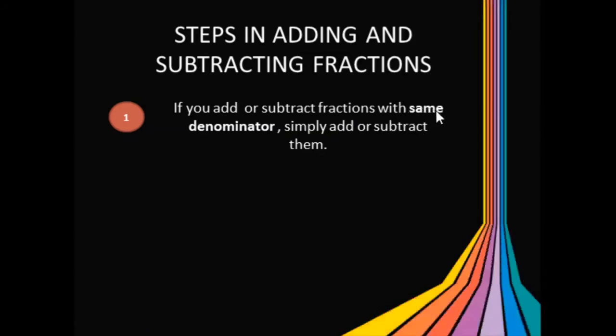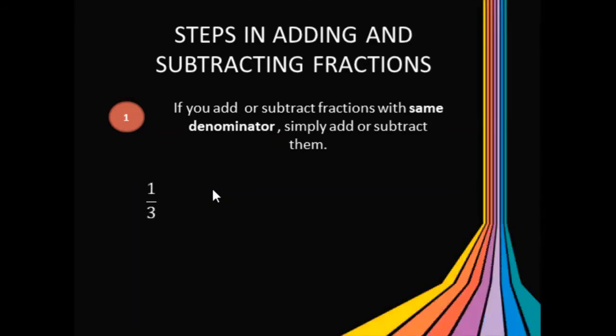When you say same denominator, if for example I have two fractions, 1/2 and 3/2, they are with the same denominator because their denominators are both 2. If you have that kind of fraction, you don't have a problem. You just add or subtract it directly.